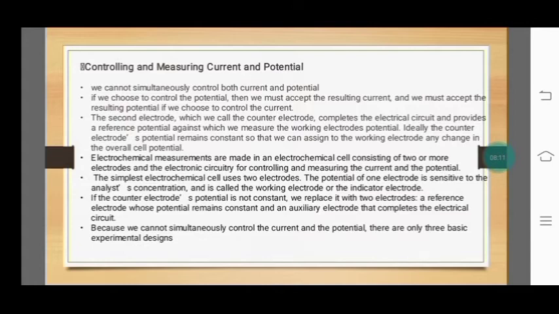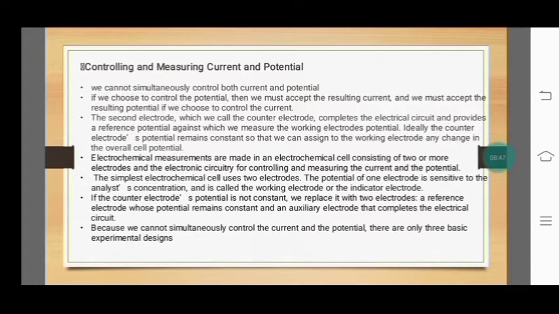The potential of one electrode is sensitive to the analyte concentration and is called the working electrode or the indicator electrode. If the counter electrode's potential is not constant, we replace it with two electrodes: a reference electrode whose potential remains constant, and an auxiliary electrode that completes the electrical circuit.